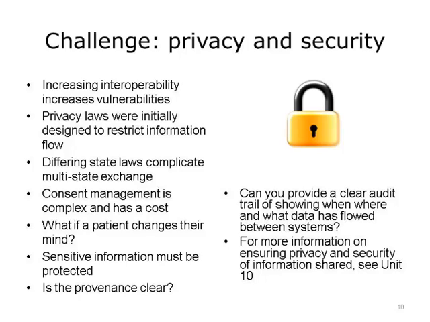To be sure that the data flowed correctly is a privacy and security concern. An auditor might ask, quote, "Where are all the places that this data went? How do you know it went where it needed to go and not somewhere else? How do you know it wasn't tampered with or looked at on the way?" End quote. Can an auditor answer those questions with the information you collected? For more information on ensuring the privacy and security of information shared, see Unit 10.